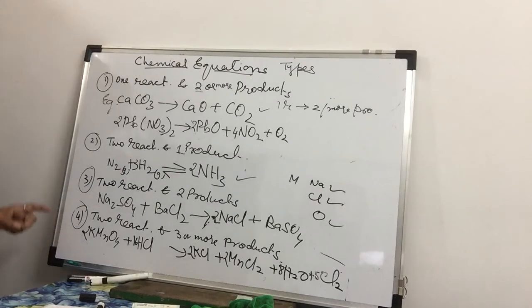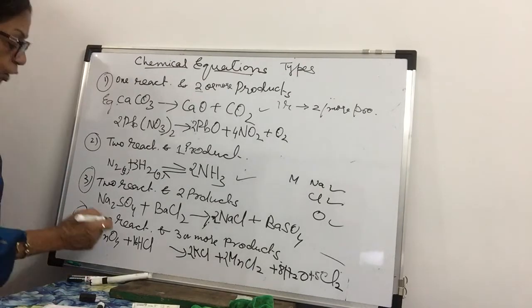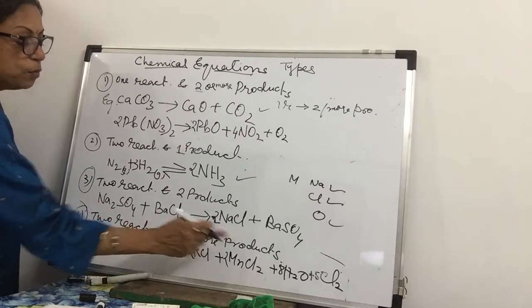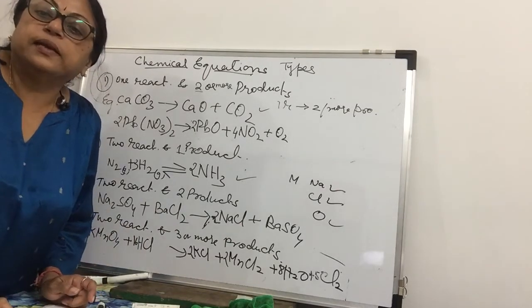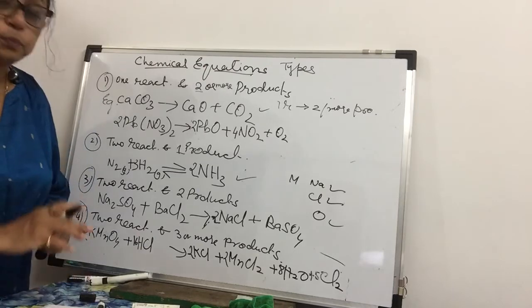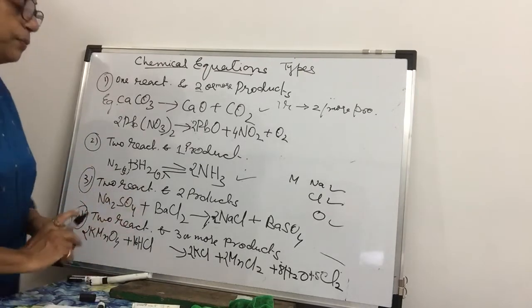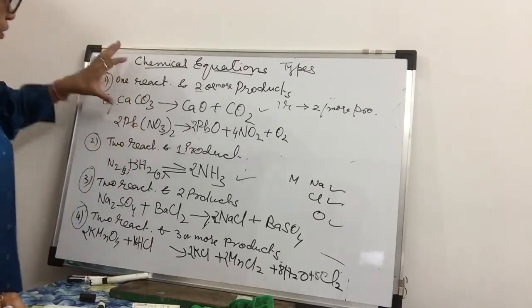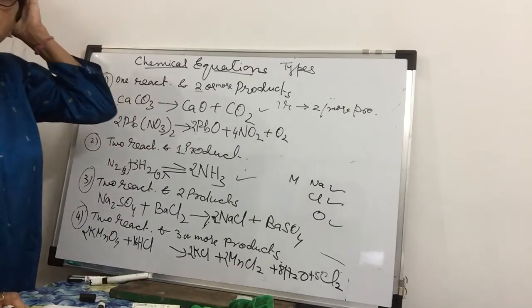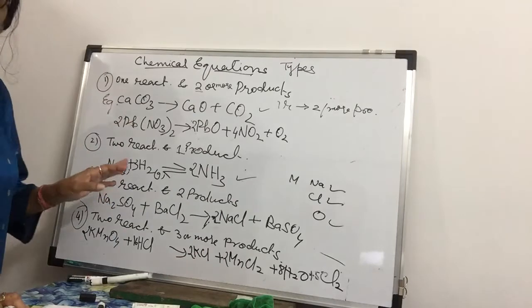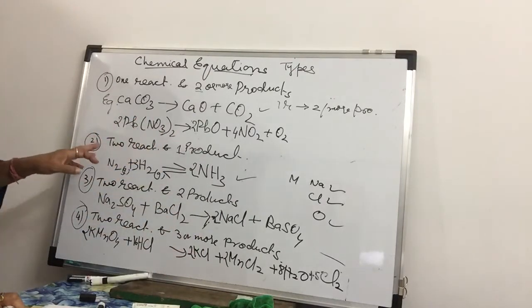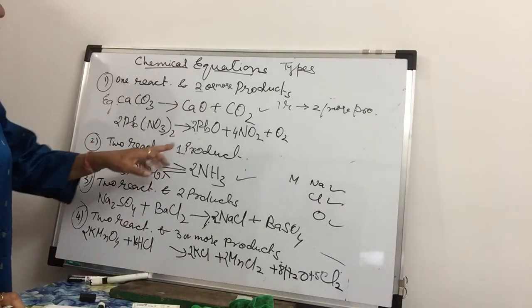Then comes the last type of reaction, that is 2 reactants and 3 or more products. This is a difficult type of chemical equation which you should practice, because most of the reactions are easy. 1 reactant, 2 products, 2 reactants, 2 products, then 2 reactants and 1 product.